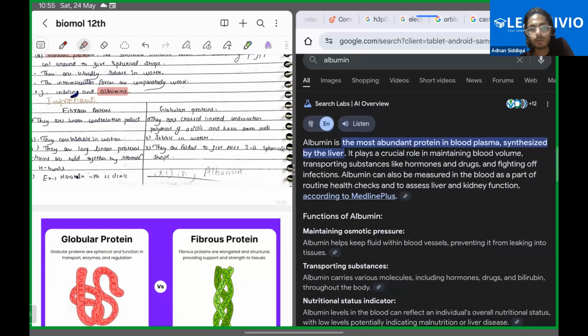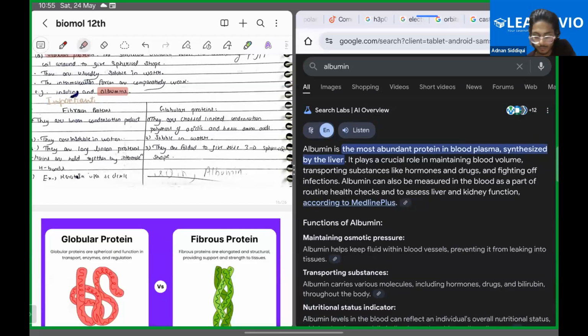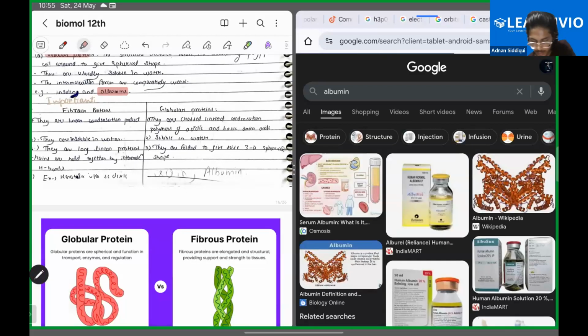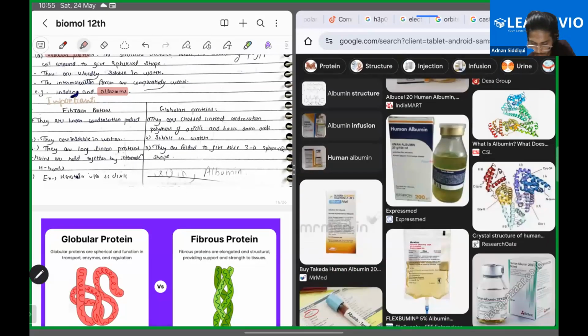It is a type of protein inside our body, in blood plasma.